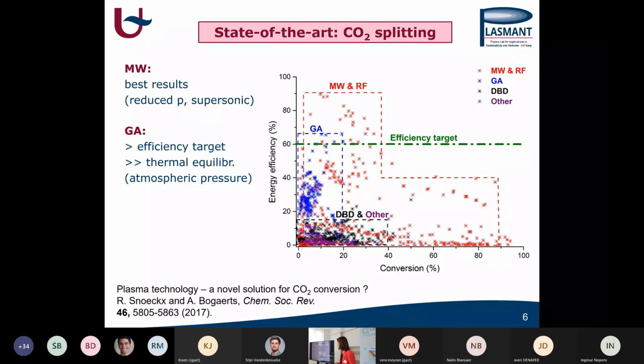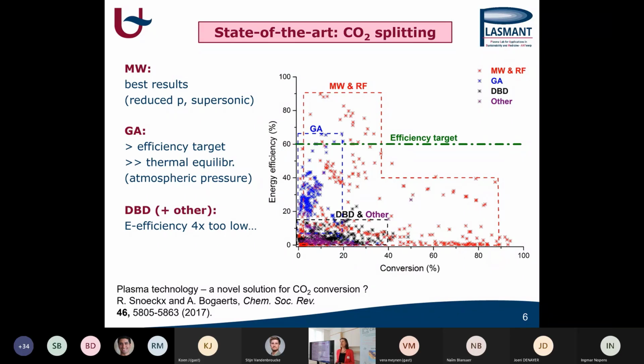And it was also shown to be higher than the thermal equilibrium conversion. And then there are also dielectric barrier discharges that I also showed on a previous slide, but there the energy efficiency actually is far too low, a factor 4 too low, in fact, to be competitive.